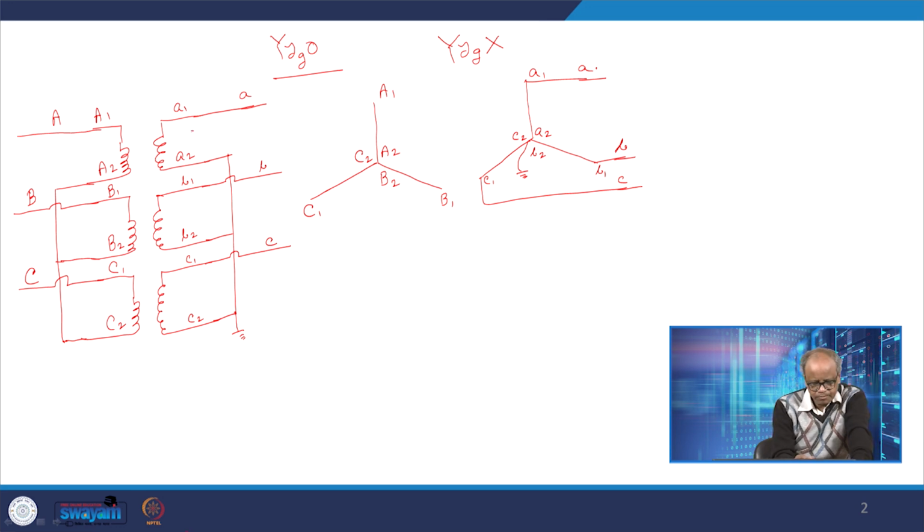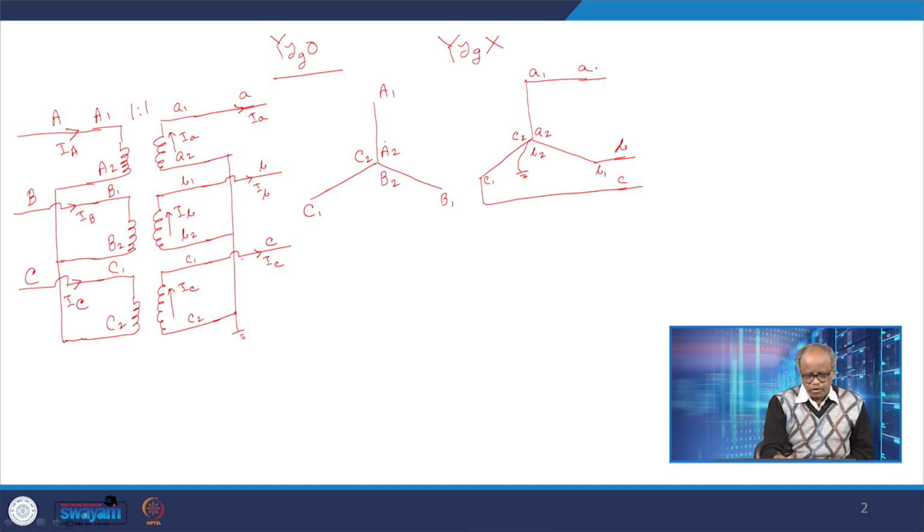So, it is IA, and this transformer is 1:1, and this is I capital A, so this is I capital B. And here it is IA, this is IB, so here also it is IB, this is IC, so here also it is IC.